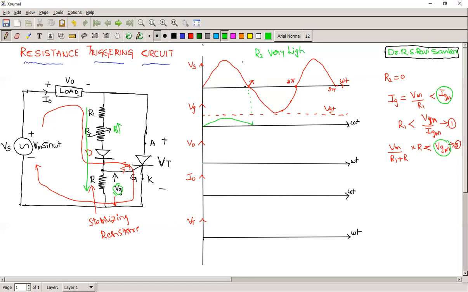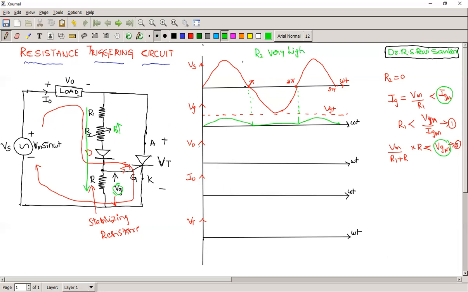In the same manner, from pi to 2 pi, the diode is reverse biased, so the current passing in the triggering circuit is 0, no voltage. Again from 2 pi to 3 pi, the current is passing through the triggering circuit, but the voltage is not sufficient to turn on the SCR.